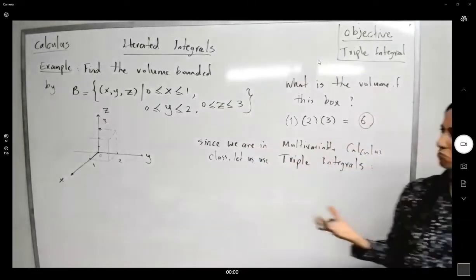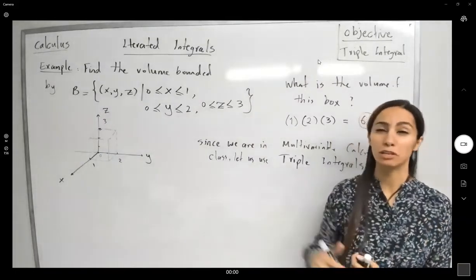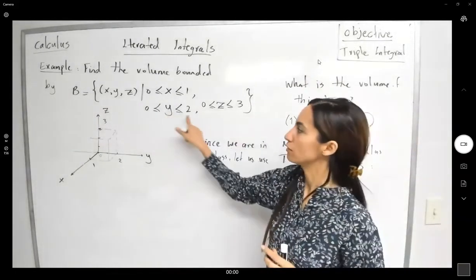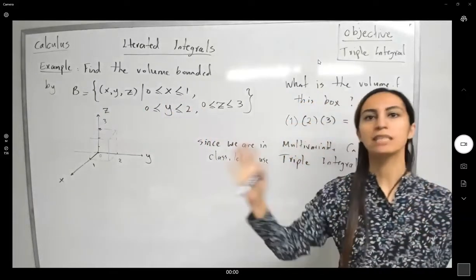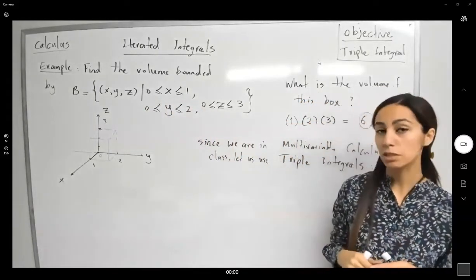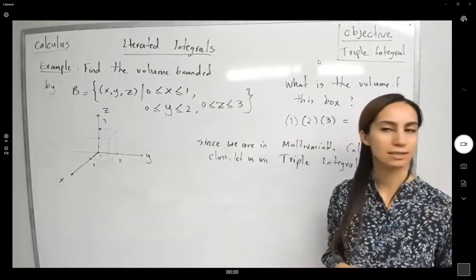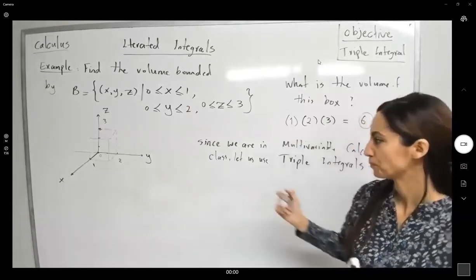It's very similar to what we learned in double integrals. As you can see, all of these boundaries are fixed numbers. What's the meaning of that? It means that the order of integration is not important for us.